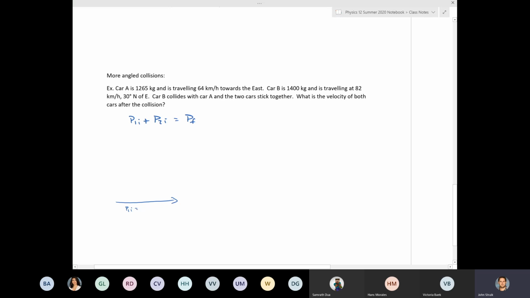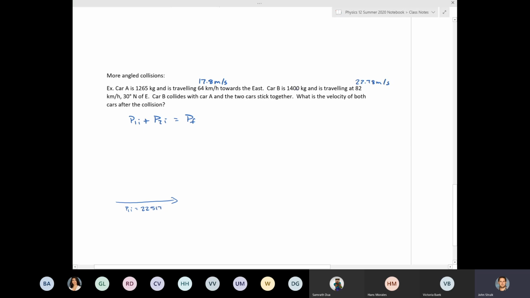So P1I equals... I need 64 divided by 3.6. So this is 17.8 meters per second. 82 divided by 3.6 is 22.78 meters per second. So P1I is 1265 times 17.8, which is 22,517 kilograms meters per second.